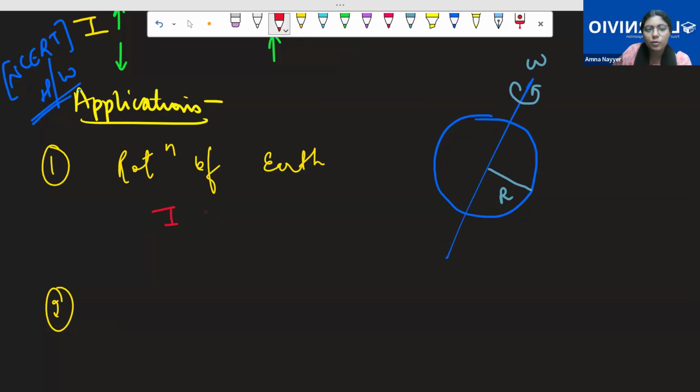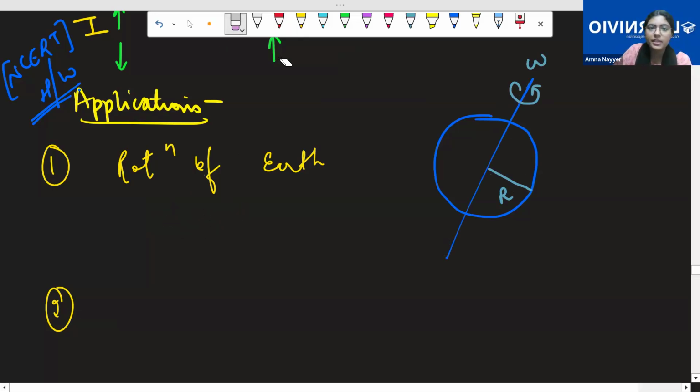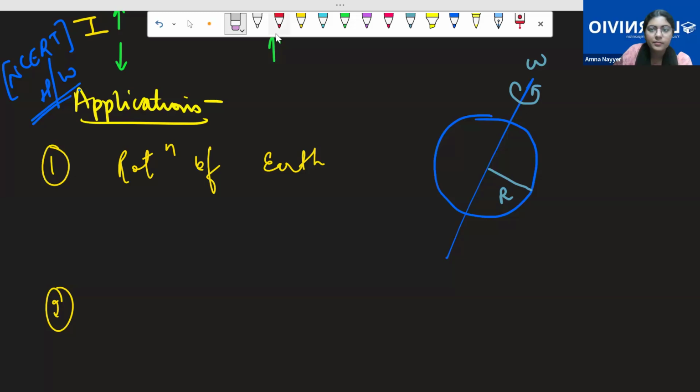So moment of inertia, sorry, not moment of inertia, angular momentum L is equal to I omega. Now see, for us, the moment of inertia will depend upon the mass and the radius. If somehow this radius of Earth increases, the moment of inertia will increase.